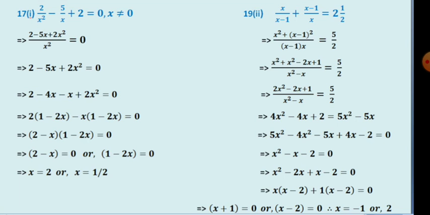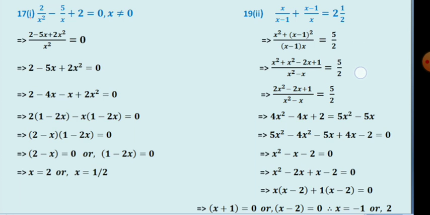Next, question number 19: 2x divided by x minus 1 plus x minus 1 divided by x equals 2 1 by 2. So let us solve this equation first. That is, in the denominator we'll write x minus 1 into x. So in the numerator we'll have x squared plus x minus 1 into x minus 1, that is x minus 1 whole square, that is equal to 5 by 2.